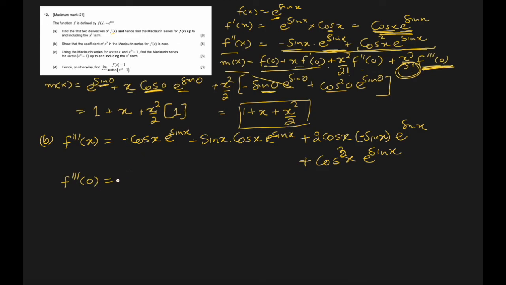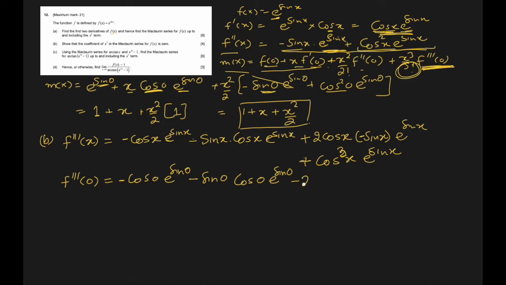So it will be minus cos 0 e to the power sine 0 minus sine 0 cos 0 e to the power sine 0 plus 2, rather than minus, it will become minus now because of minus sine x.